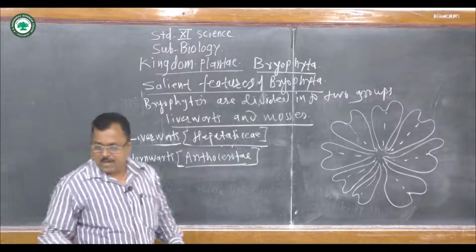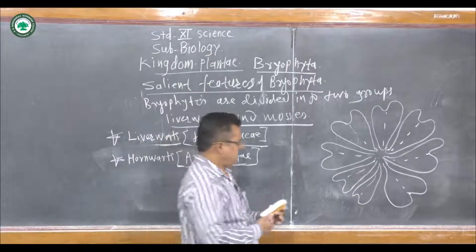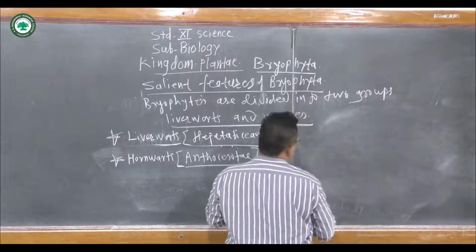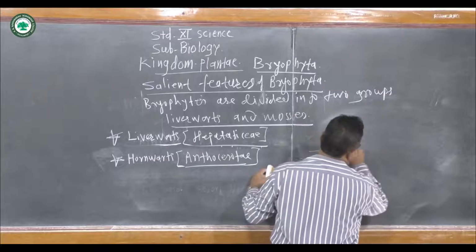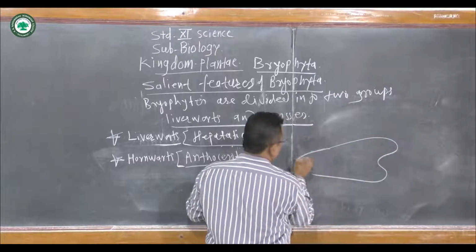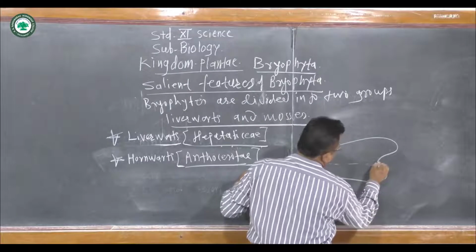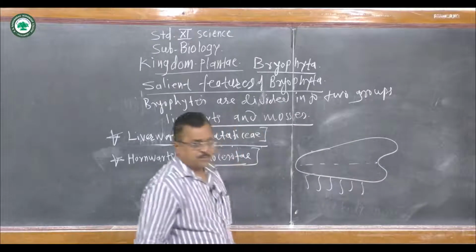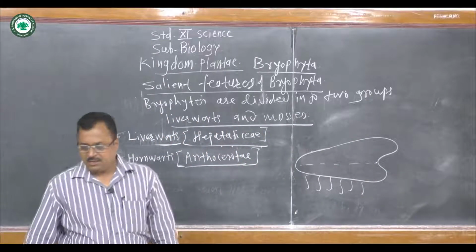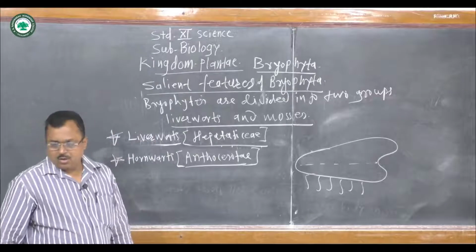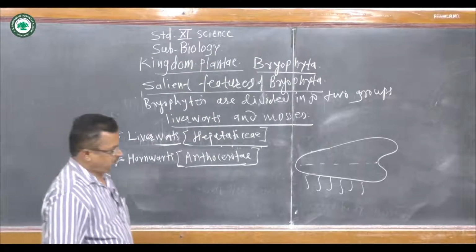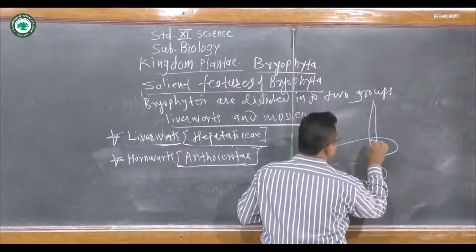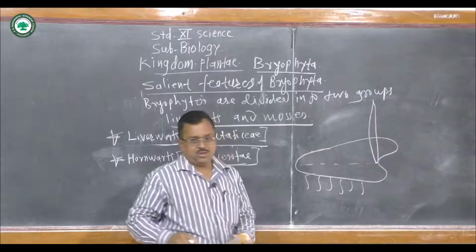Here the plant body is thalloid, flattened, dorsoventrally flattened, but the thallus produces a horny structure which is called the sporophyte.